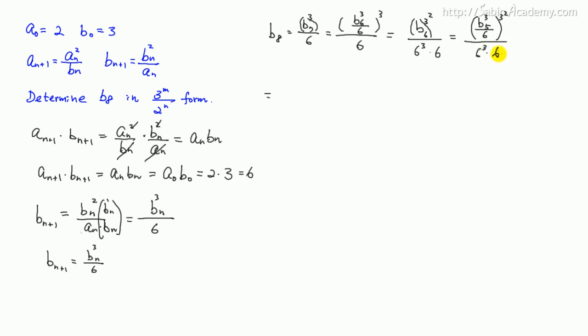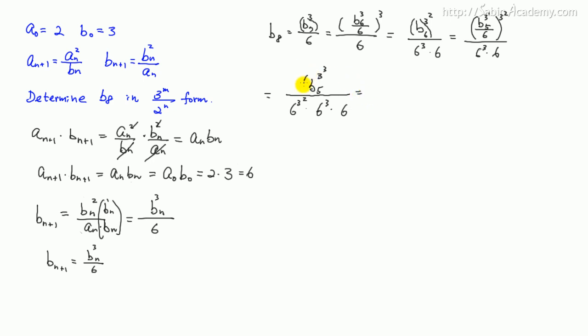There's a reason I'm not combining this, because you have to see the pattern later. So let's do this downstairs first. So what would you get? You have 6 to the third to the second power times 6 to the third power times 6. That's the downstairs. And what about upstairs? We are multiplying these two, right? 3 to the 1 times 3 to the second would be 3 to the third, I hope you see. So it's b sub 5 and 3 to the third power.